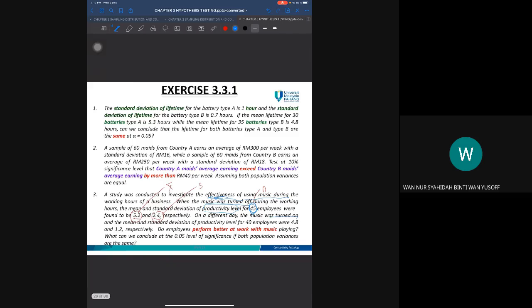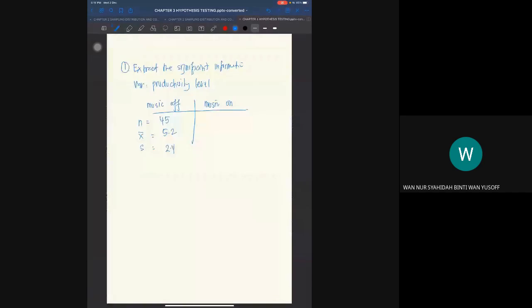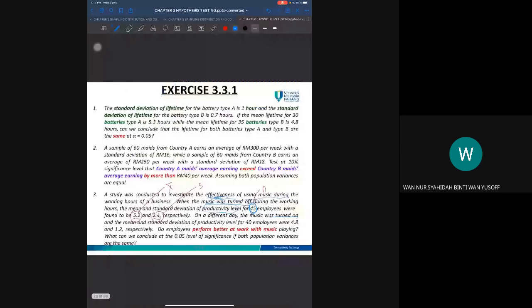2.4. Okay. On a different day, the music was turned on and the mean and standard deviation of productivity level for 40 employees were 4.8 and 1.2 respectively.